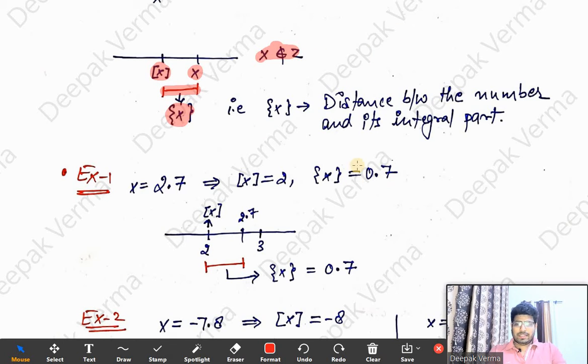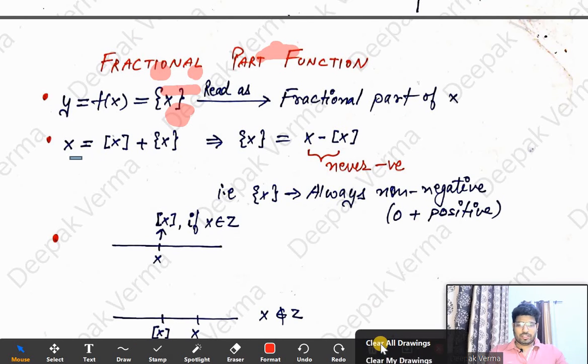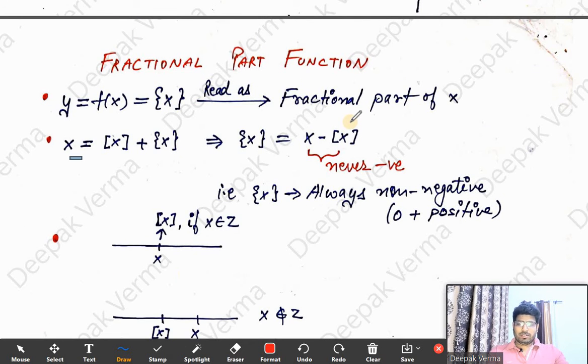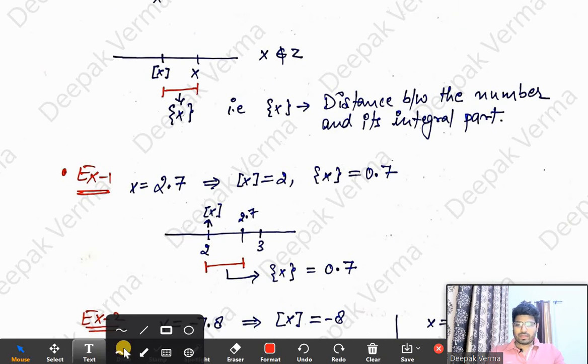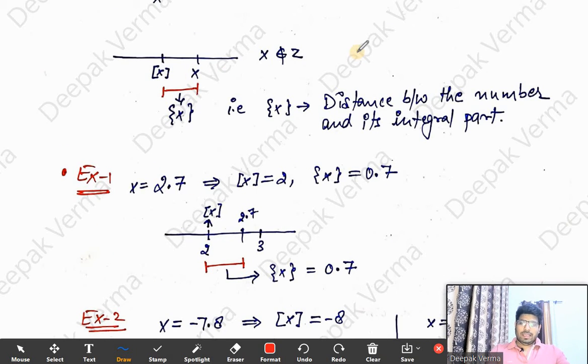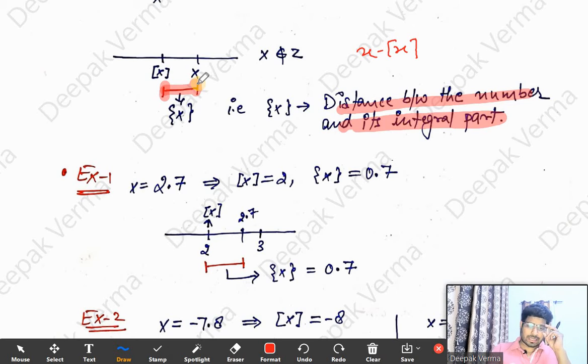Above we wrote it like this. Look, I can show you. Fractional part is what? x minus [x]. So here we can say, look, x minus [x] is a distance between the number and its integral part. Got it? This is the required distance, and since we know that distance can never be negative, we say that fractional part is always non-negative.